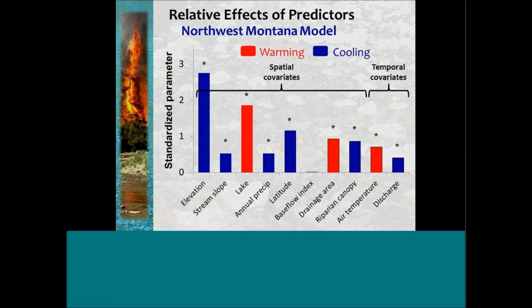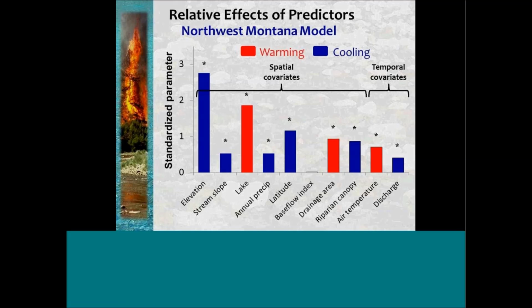When you look at these, you think about the things that we're using in the model, things like elevation, stream slope, presence of lakes, latitude, base flow index, drainage area, et cetera. A lot of these things are geomorphic attributes. So they're not really varying, and it's not something that we can have much of a management effect on.